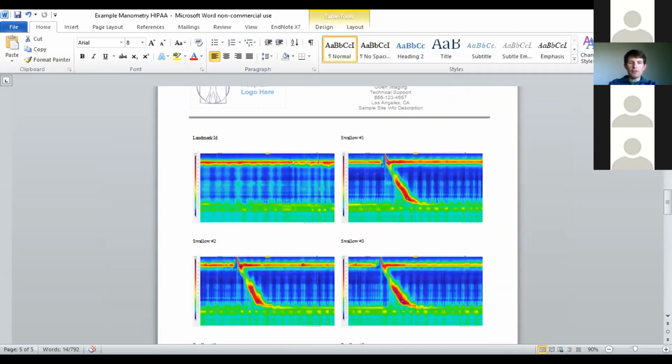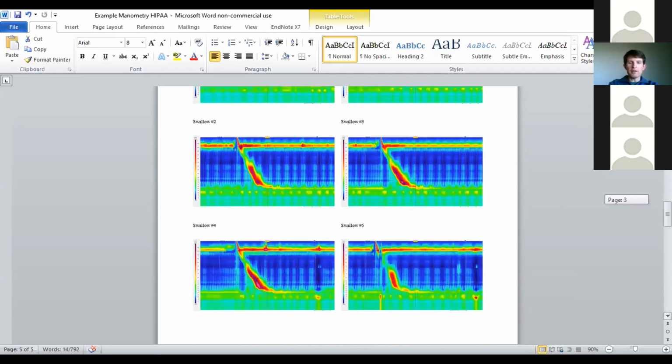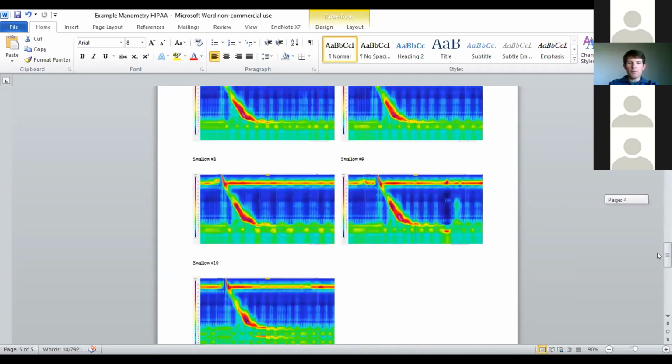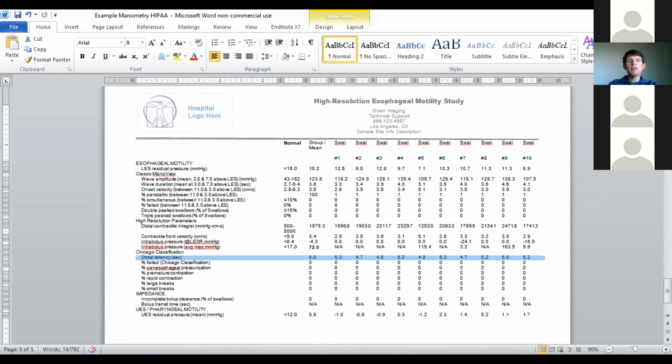And then the following 2 pages give you graphical representations of each swallow. So the landmark, which is just the patient at rest, showing the UES and the LES, and then each individual swallow and what it looks like. And what I would say is that this is really important information to have. So in our reports, when we send them to the referring physician or the primary care physician, or both, if they're different people, we like to include all of this information.